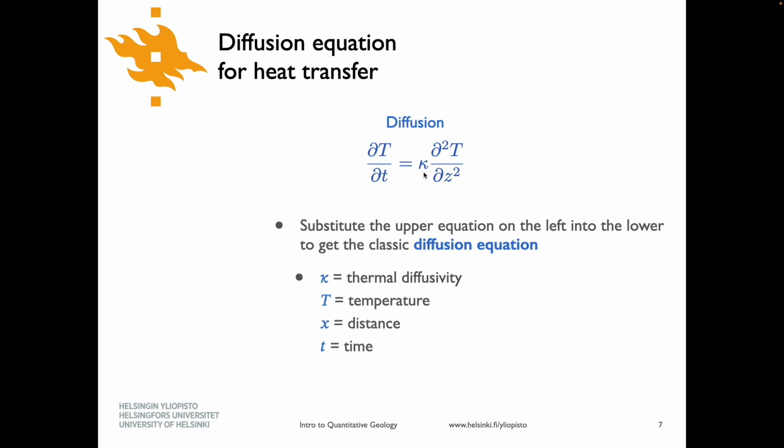This kappa is the same kind of idea as a diffusion constant. It's the thermal diffusivity, a material property, multiplied by the second derivative of temperature with space, which will give you the change in temperature with time, and you can integrate this to get an equation for calculating what the temperature would be if you wanted to do that.